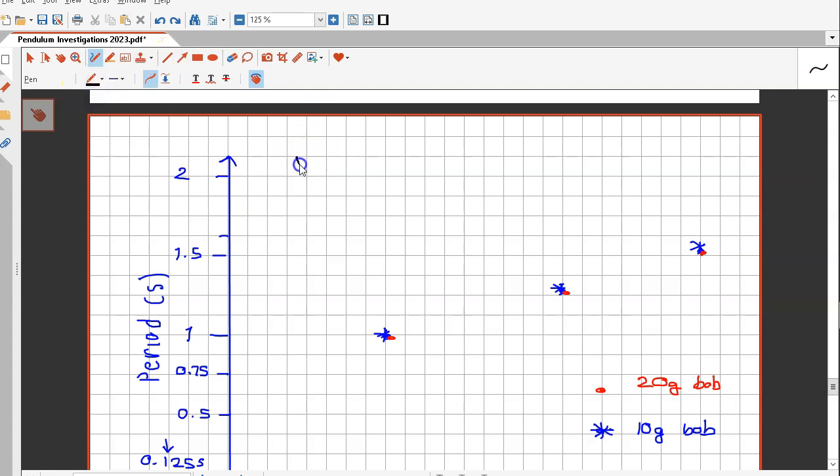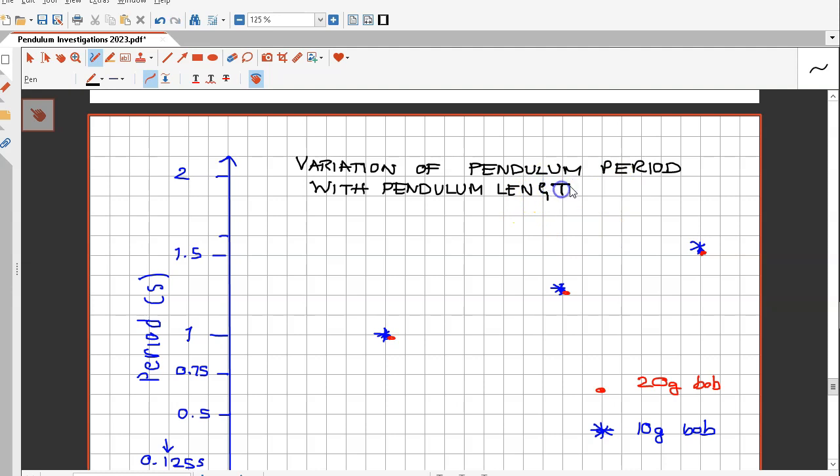So we could call this the typical title for this. You would explain that's the variation of pendulum period with pendulum length for pendulum bobs of different mass.